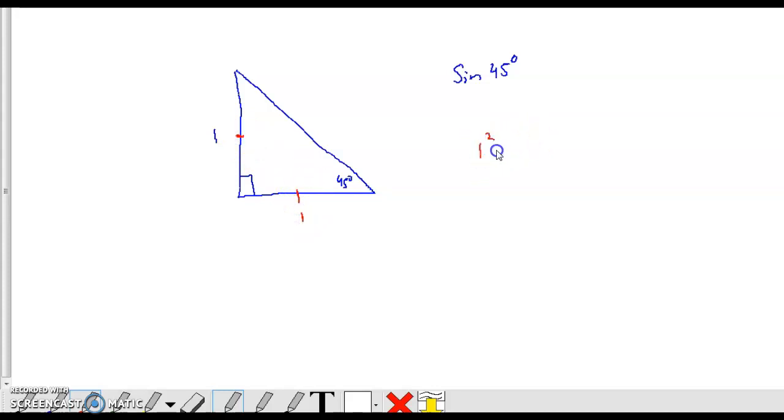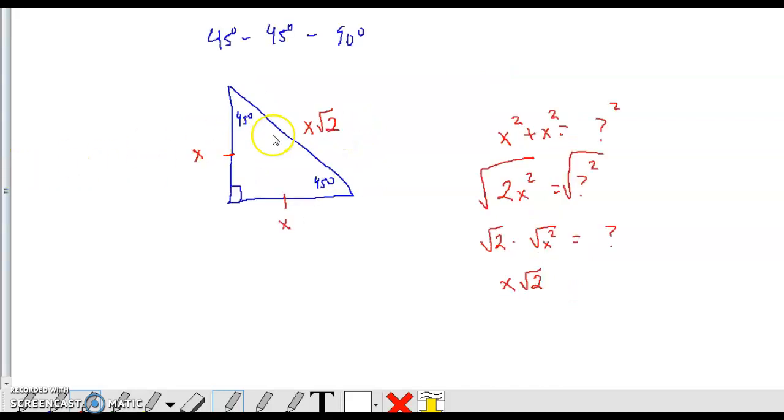This will be 1 squared plus 1 squared is equal to, let's call it x for right now, x squared. So 1 plus 1 gives me 2. x squared, x is equal to plus or minus the radical of 2. Again, we don't have a negative distance, so x is just equal to the radical of 2. And if you think about it, 1 times root 2, which is what we had.